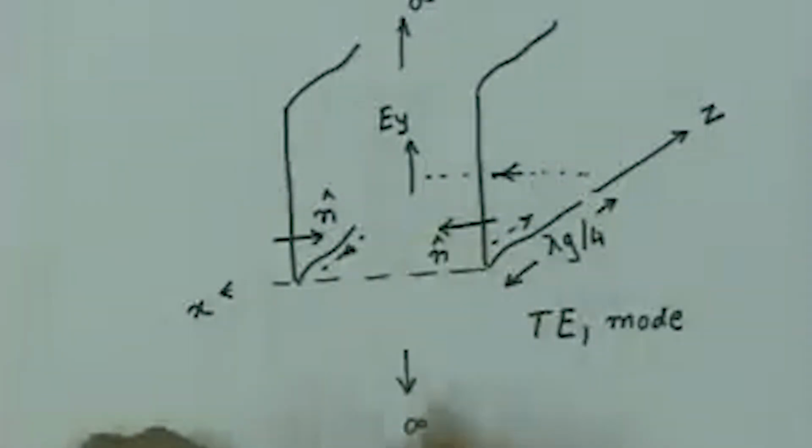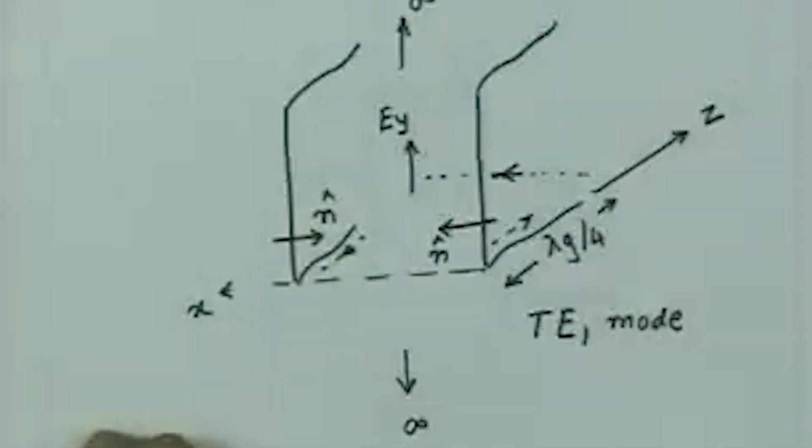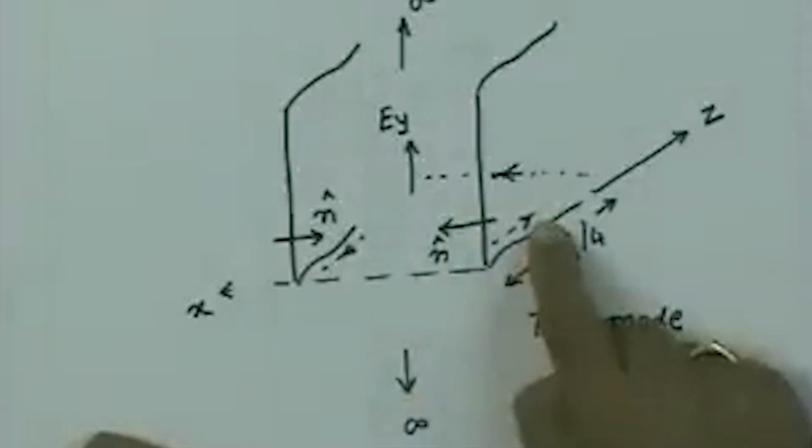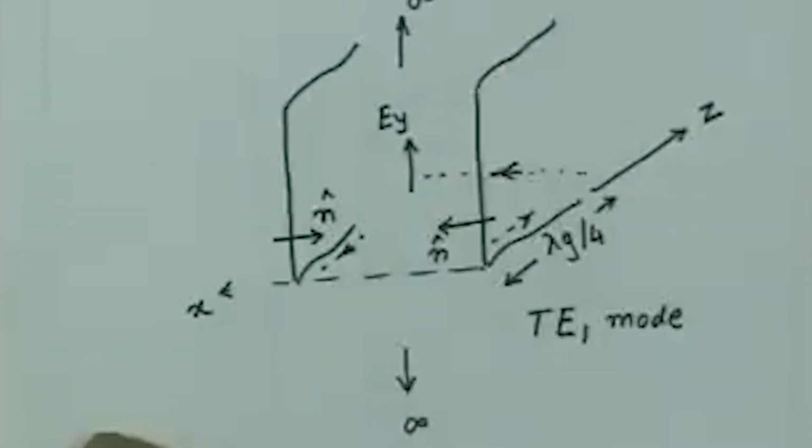So, if I calculate n cross h, this is n and this is h. So, if I go from here to here, the n cross h in this direction, I will get now the current direction, which will be tangential to this surface current. That is what we are talking about, but that will be now flowing in the y direction, because normal is in x direction and the magnetic field is in z direction. So, n cross h, if we take, that current flows in the y direction, which is this direction.